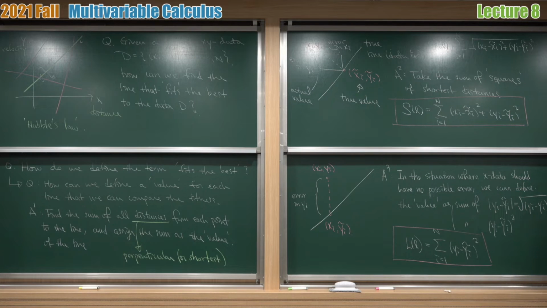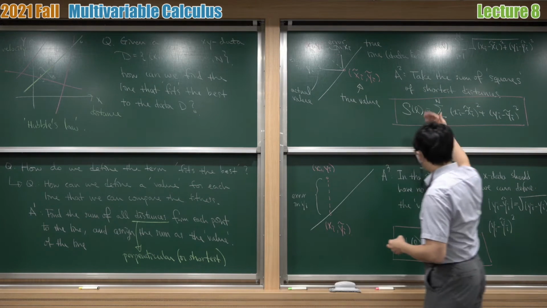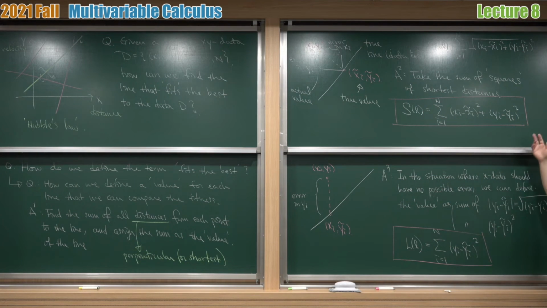Then you mean we can define the word fit by different manners of math. Right, you are just defining the meaning of fitness using various kinds of equations, various formulas. And I'm not saying this one is the best or better than the others. It's just a definition.